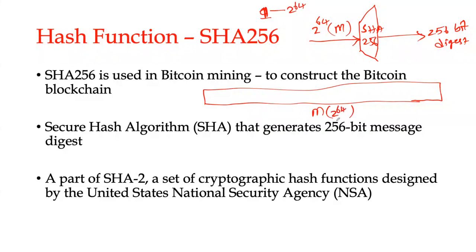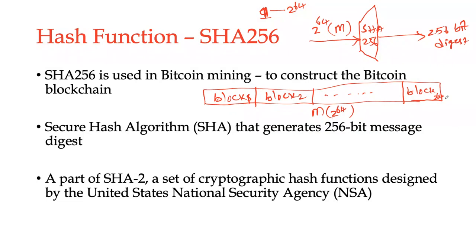So that entire input message will be divided into blocks: block 1, block 2, up to, suppose, the 2 to the power of 64 block. So the entire message is divided into blocks first.